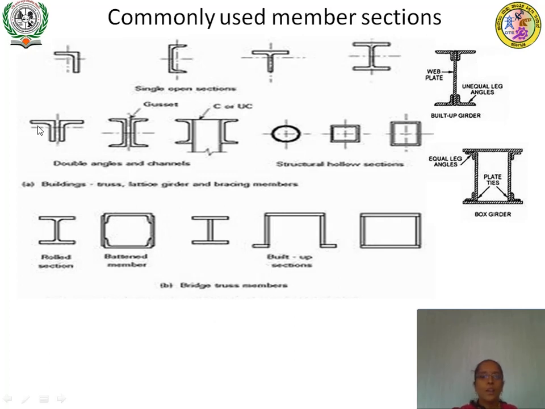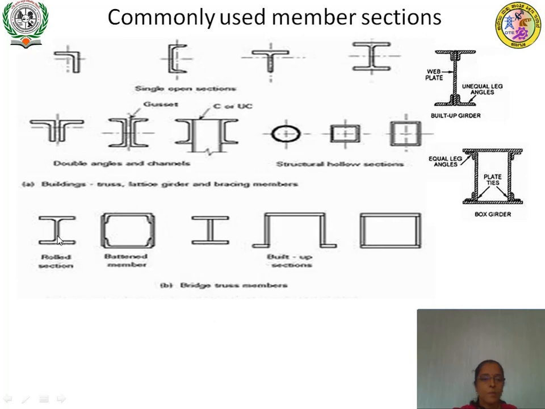Here we have two angles placed back to back, two channel sections placed back to back, and two channel sections placed apart, along with one more I section. Then there are tubular sections: circular tubular, rectangular tubular or square tubular section.